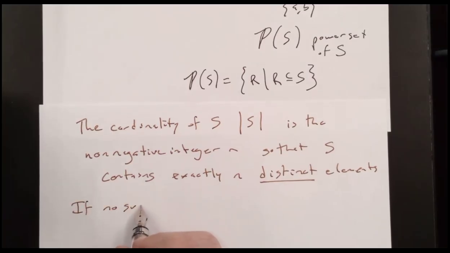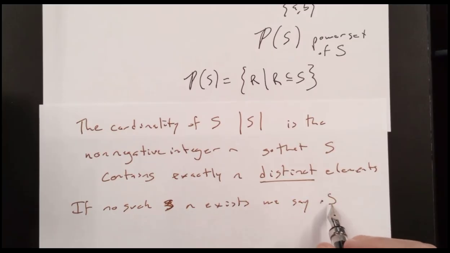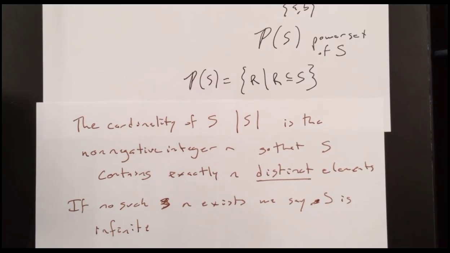If no such n exists, we say the set S is infinite. Otherwise, n is a finite value. I could have billions and billions of things.